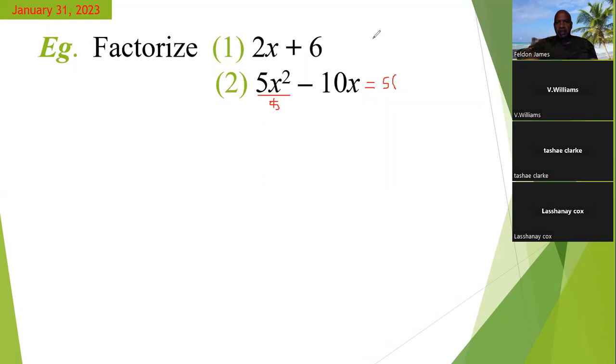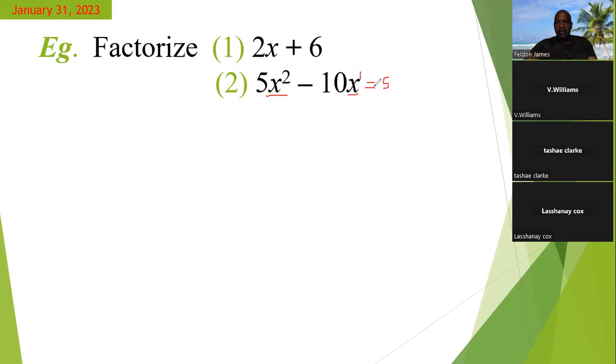Let me backtrack here, because I think we still have another common factor that we didn't mention. When you look at the letters, you notice that the x's are common. For the letters, what we want in terms of the highest common factor, we choose the one with the lowest power.